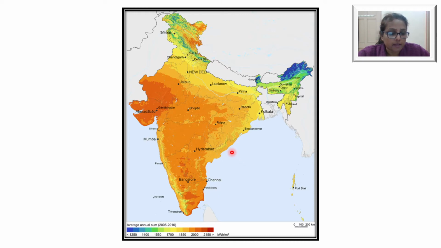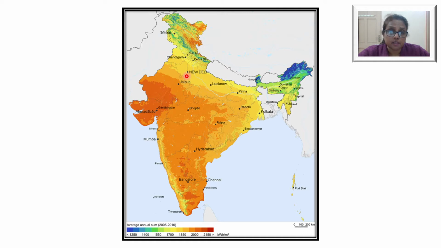The interior parts in the northern plains have about 35 to around 38 degrees centigrade during the summer. And the northwestern part of India experiences exceptionally high temperatures, more than 45 degrees centigrade.